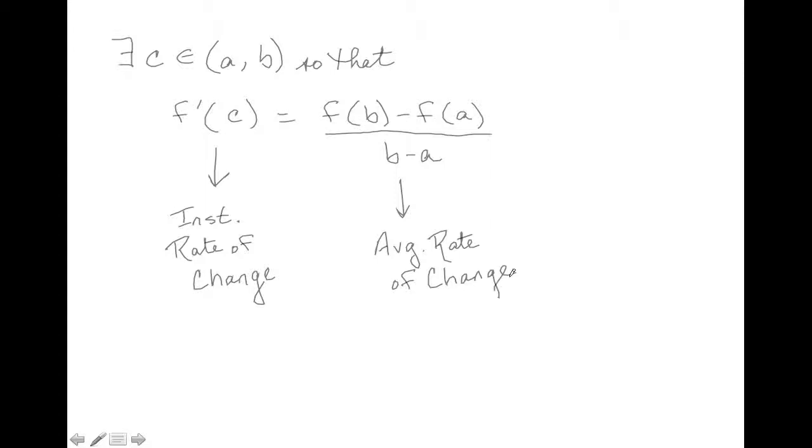So really what the real life applications of this, and I mentioned this in class the other day, is that what the mean value theorem allows you to do is for any real life situation that can be modeled by an equation, you can find that point in time at which the instantaneous rate of change is equal to the average rate of change. This is going to be over an interval, remember, like over an interval of time.